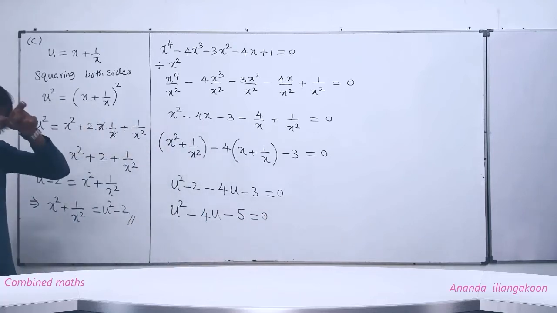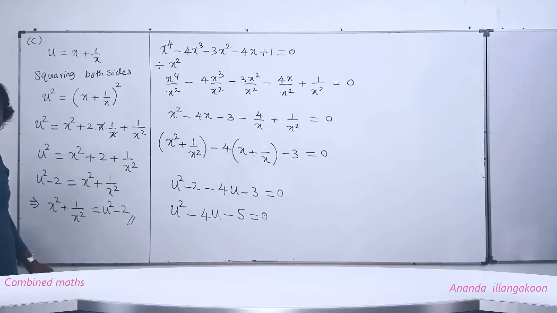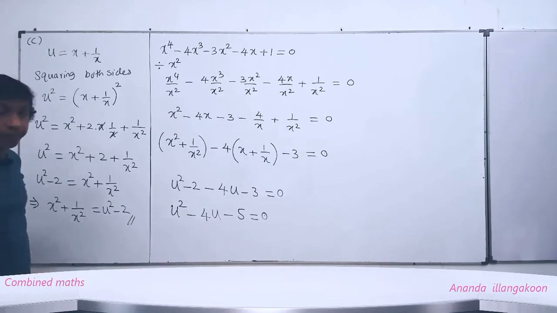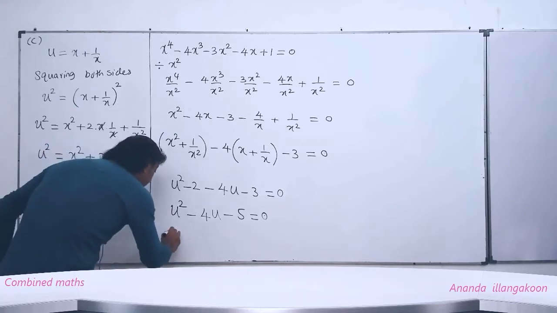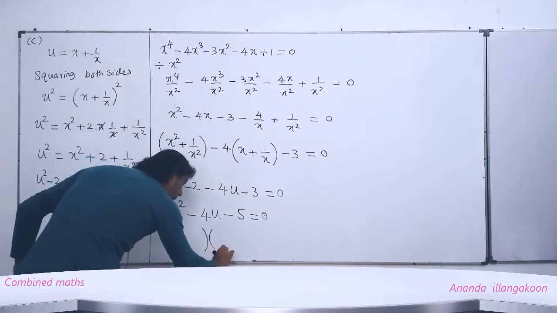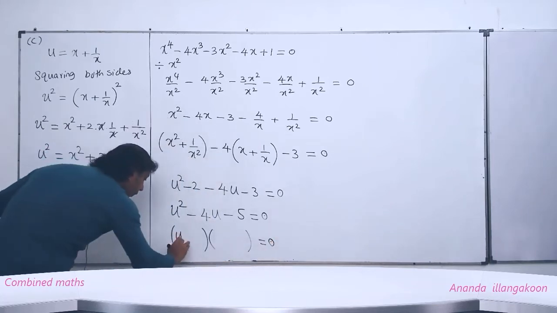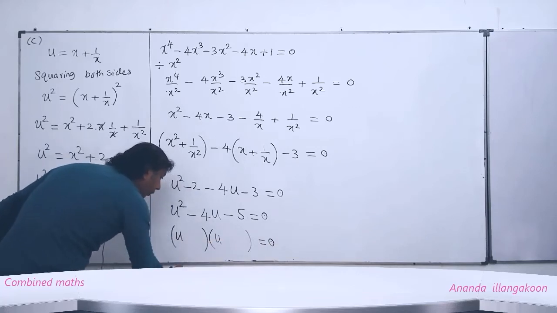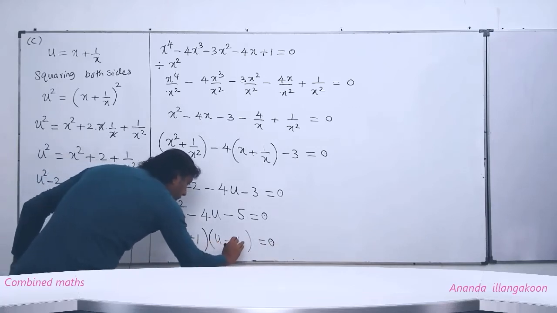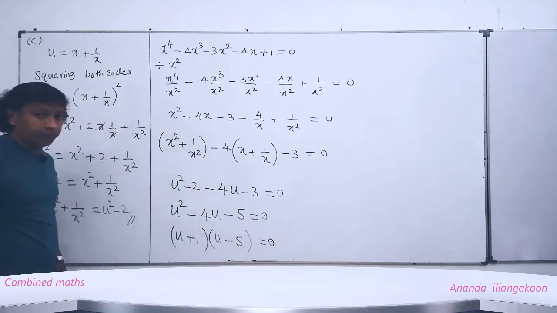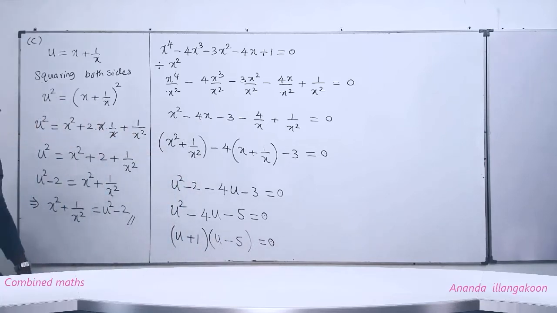Now we get a quadratic equation in u. You can find 2 answers for u by factorizing this. u plus 1 and u minus 5 are the factors.